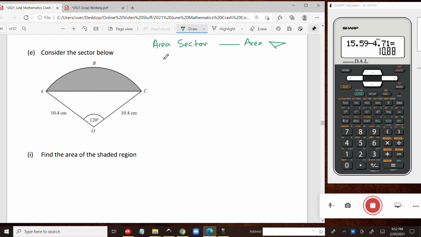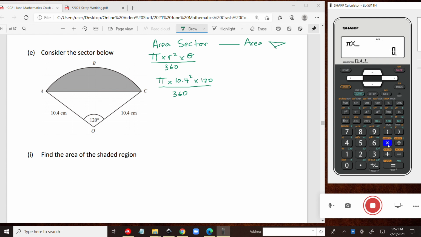To find the area of the sector, we just had the formula there. It was pi r squared multiplied by theta divided by 360. Pi is just a button on the calculator. The radius is 10.4 squared. The angle is clearly 120 and we divide it by 360. Let's work that out.